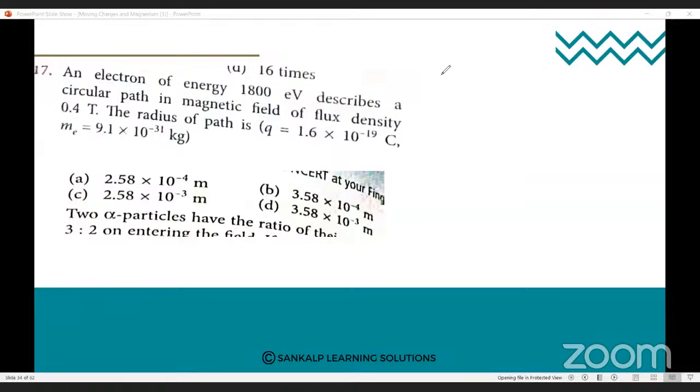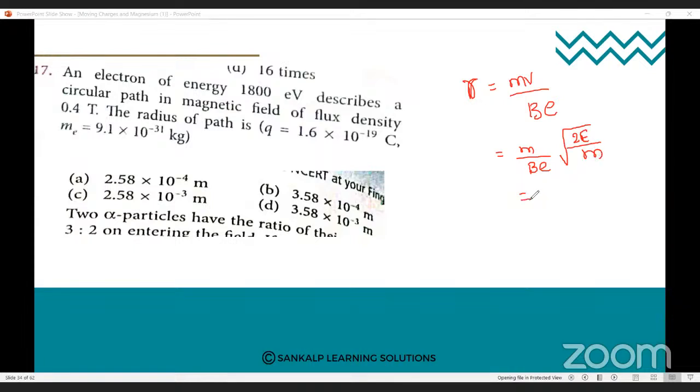So how to do this? The radius is equal to mv divided by Bq, or since it is an electron, I can take e instead of q. mv divided by B into e, which is equal to m divided by B into e, and the velocity I can substitute as root of 2E divided by m.